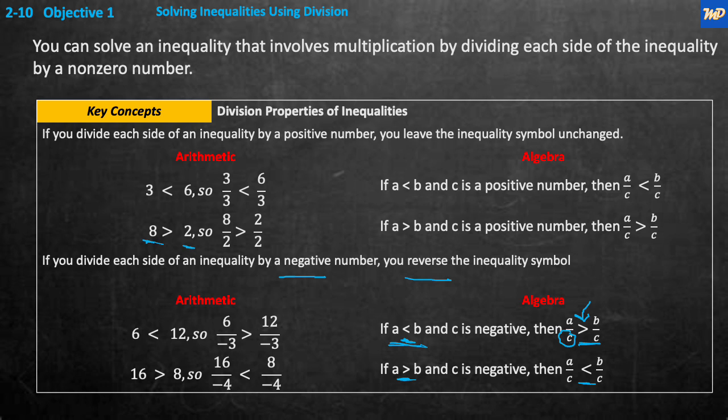So 16 is greater than 8, but if you take 16 and divide it by negative 4, negative 4 is the answer, which is less than 8 divided by negative 4, which is negative 2. Negative 2 is definitely larger than negative 4. So you see how this flipped. Okay?